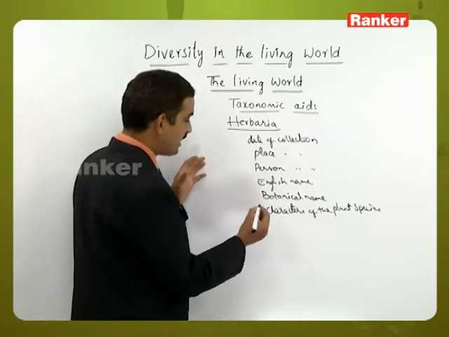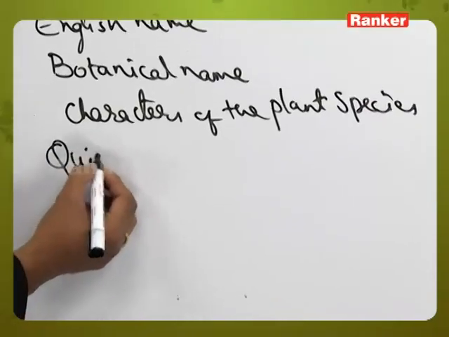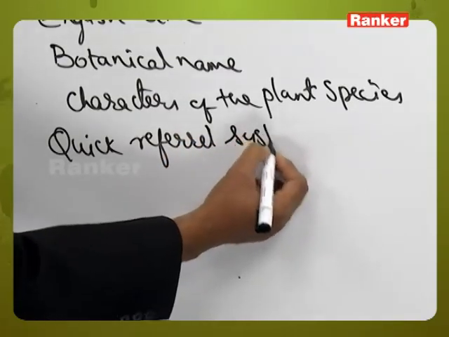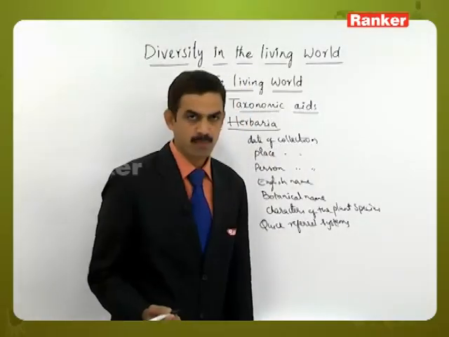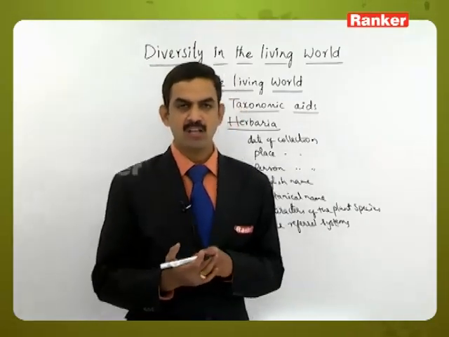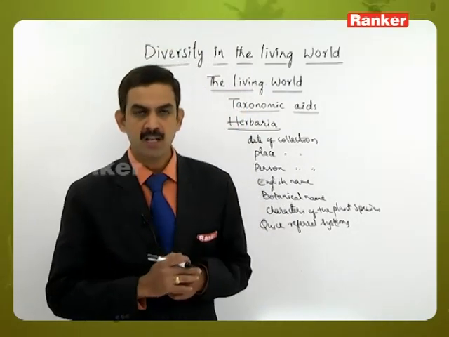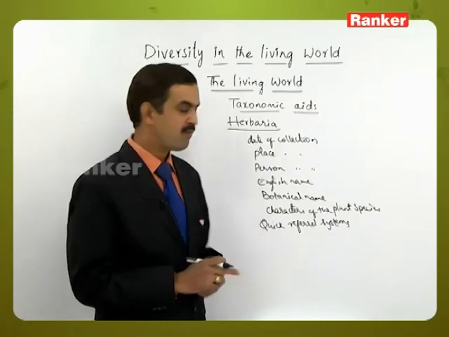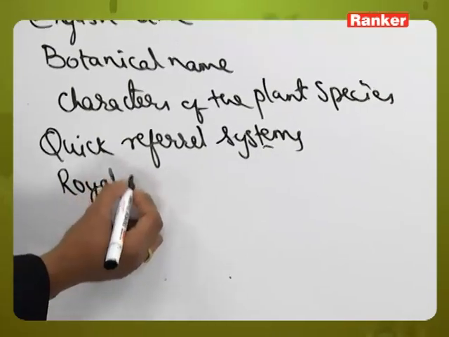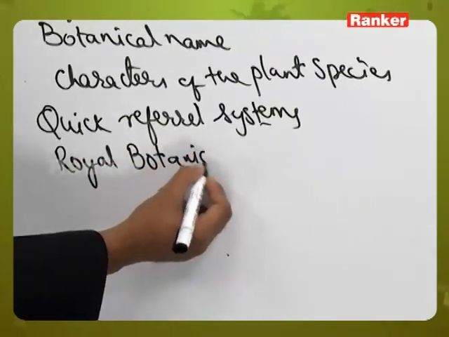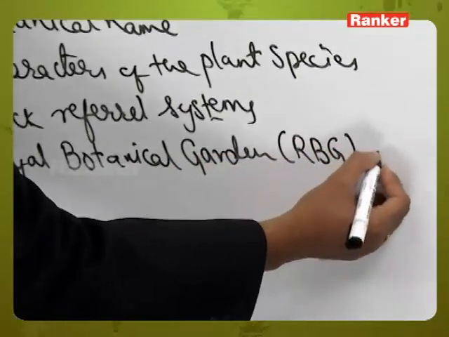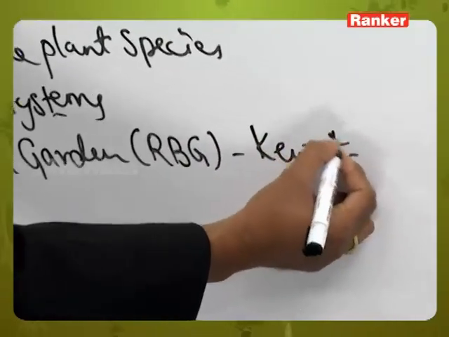Here herbarium is useful as a quick referral system, or fast reference can be done by using the herbarium. That's why we call it a quick referral system. Every country may have their own plant species preserved in the form of herbaria, but an internationally well known collection is the Royal Botanical Garden, called RBG, which is located at Kew, England.